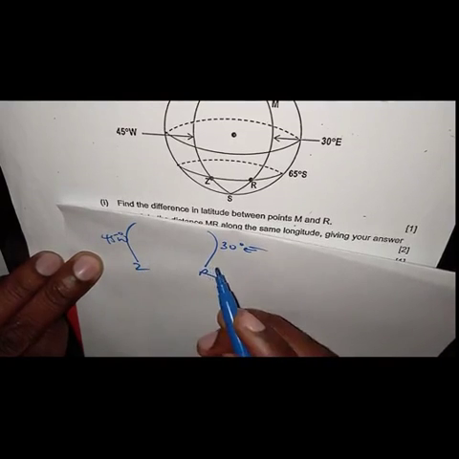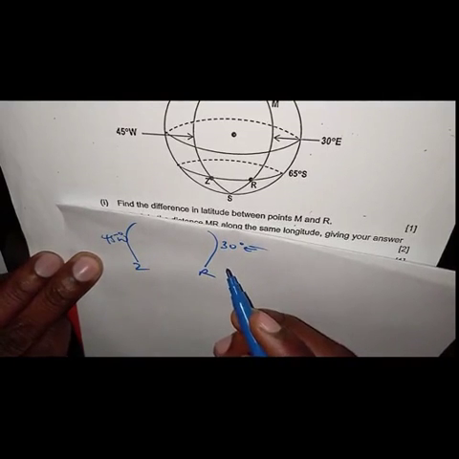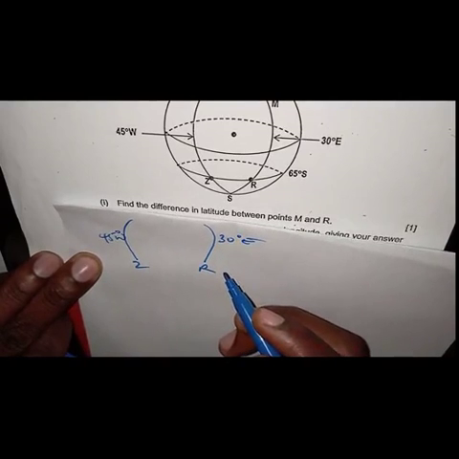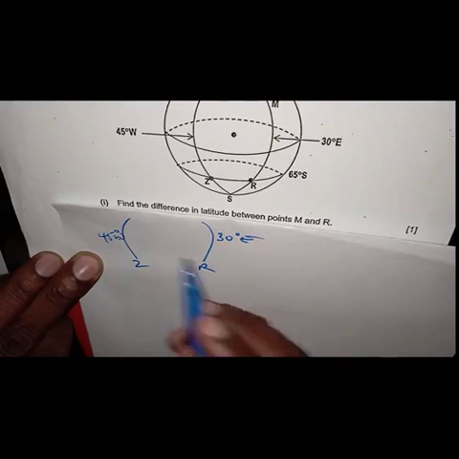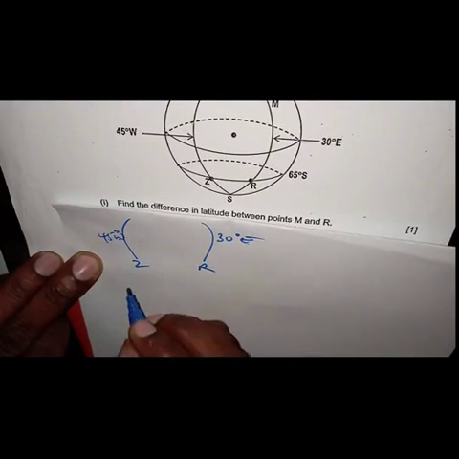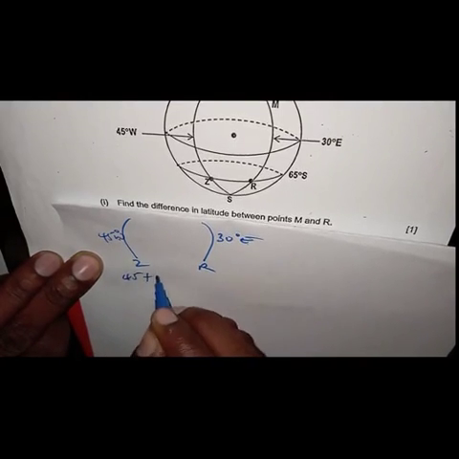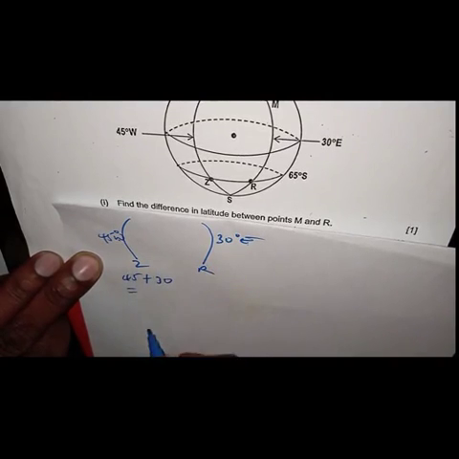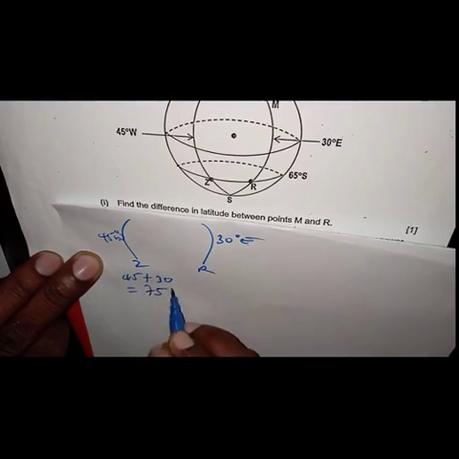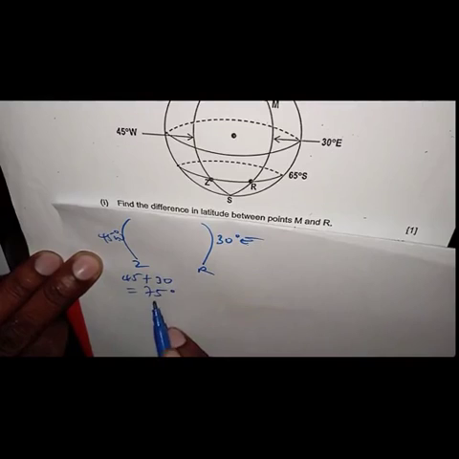You need to know the difference. We have to find the difference in degrees. West, east, different positions, you add 45 plus 30. What answer do you get? That answer will be 75 degrees. So the difference in degrees is 75 degrees.